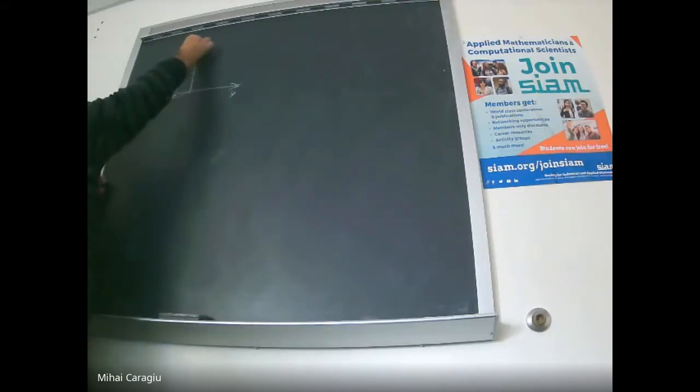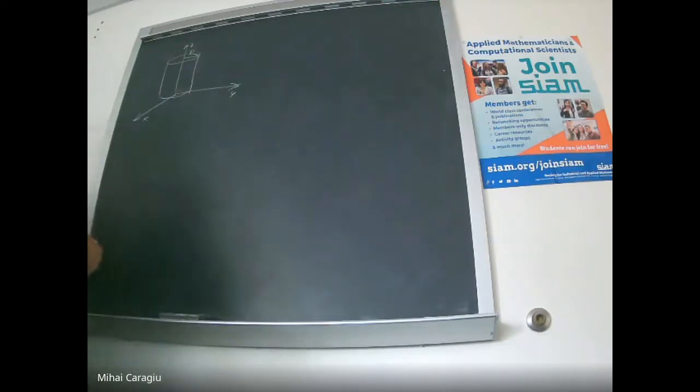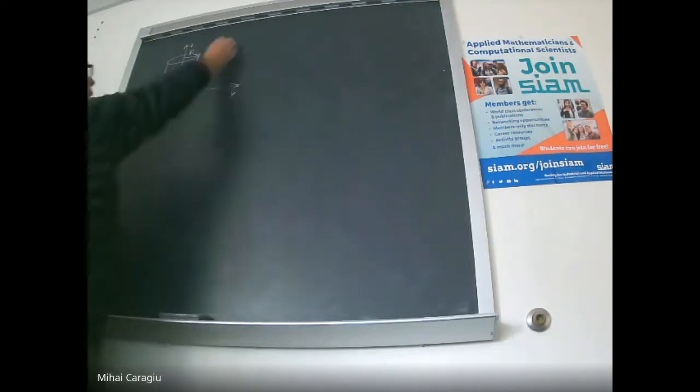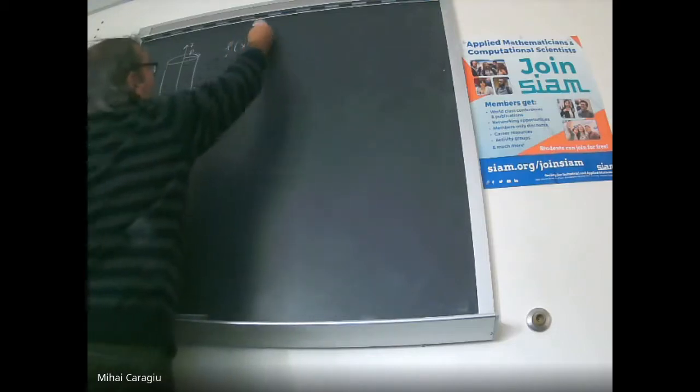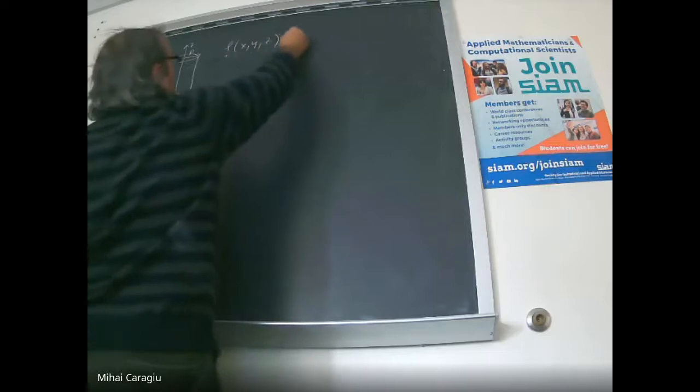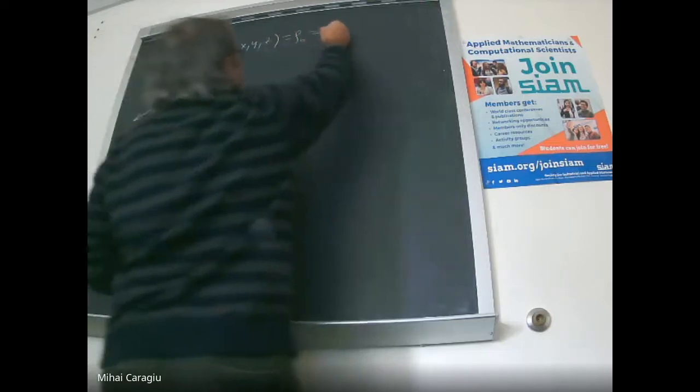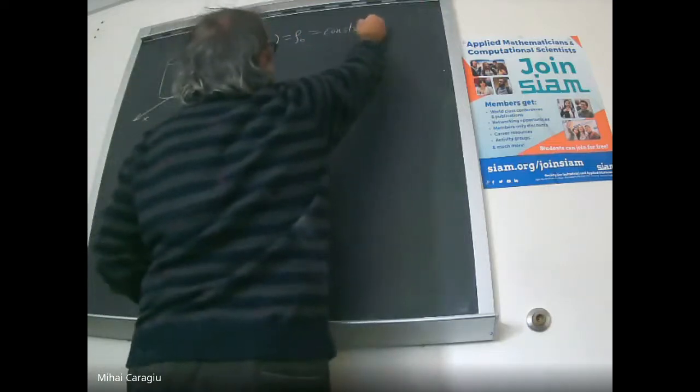This is a cylinder with radius r, and the density is rho 0. Let's say rho of x, y, z equals rho sub 0, a constant. So this is a solid cylinder with constant density.